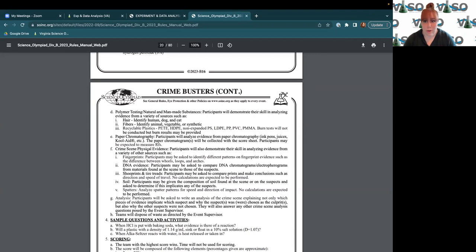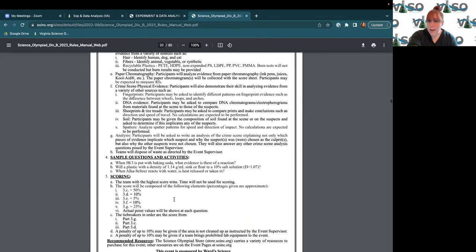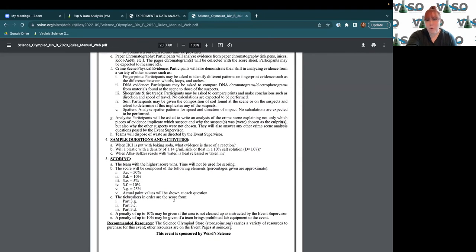They are responsible ultimately for the information that's on this page. There are sometimes sample questions and activities provided, but of course that's a very small list and is not meant to be something that's going to be required, that they're going to have to answer this question and it's going to be on every test or something like that, just to give you an idea of the kinds of things that could be asked.